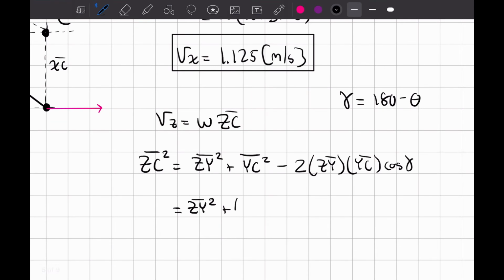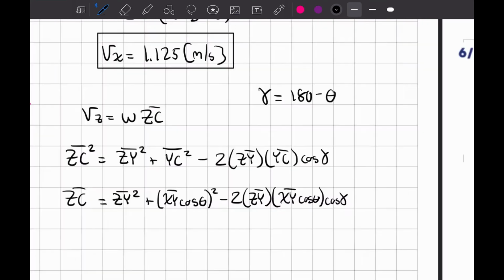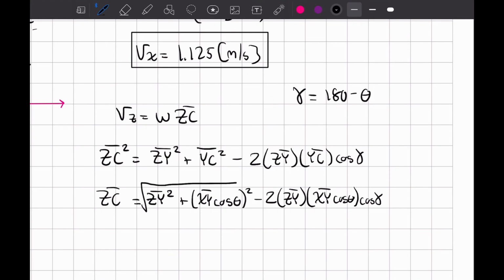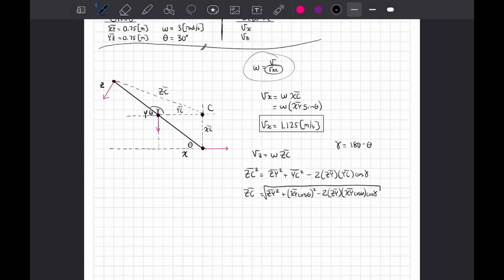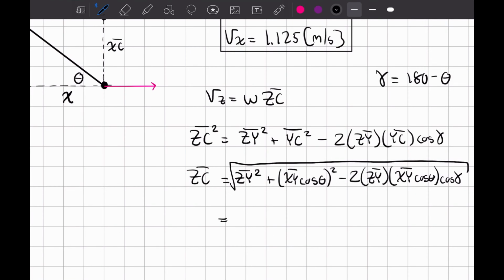That's going to be xy cosine theta, entire quantity squared, minus 2 Zy xy cosine theta, cosine gamma. And we're just going to drop the square and take a square root. And by doing that, you'll see that Zc is about 1.352 meters long.